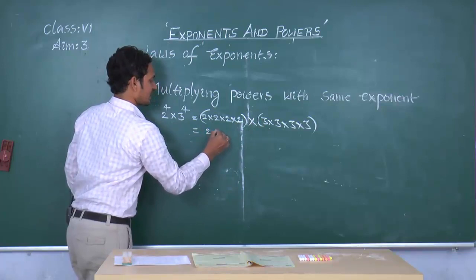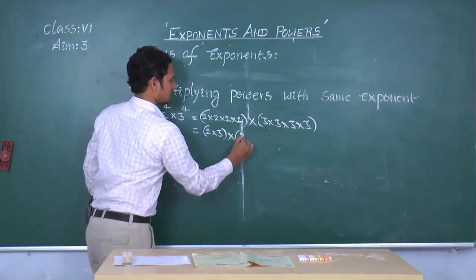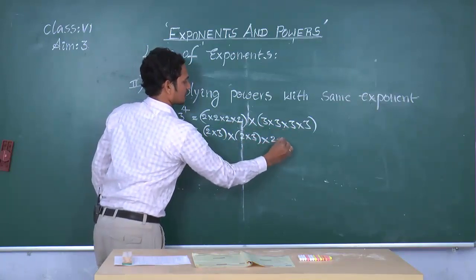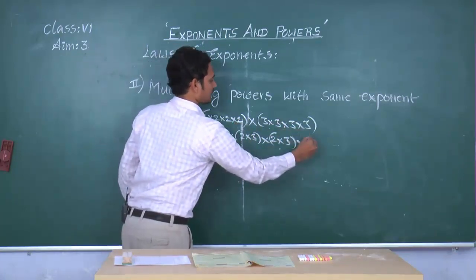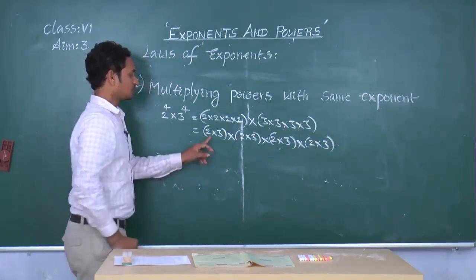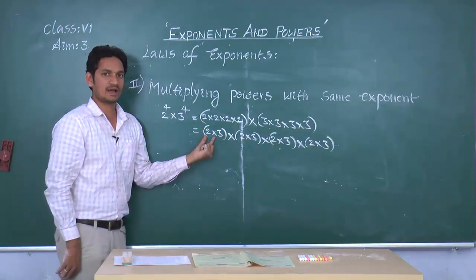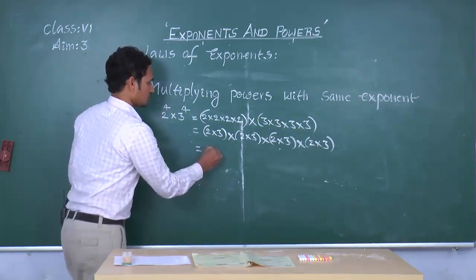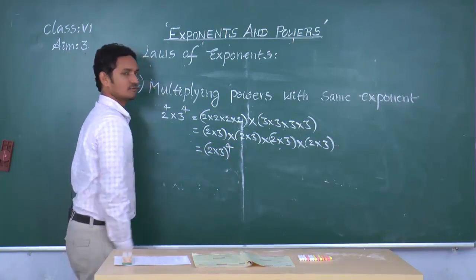This is treated as one pair, and 2 into 3 we treat as another pair. Again 2 into 3 treated as one pair, and again the last pair 2 into 3. Here every pair is the same, and this pair is repeated how many times? 4 times. So we can write it in exponential form as 2 into 3 whole power 4.